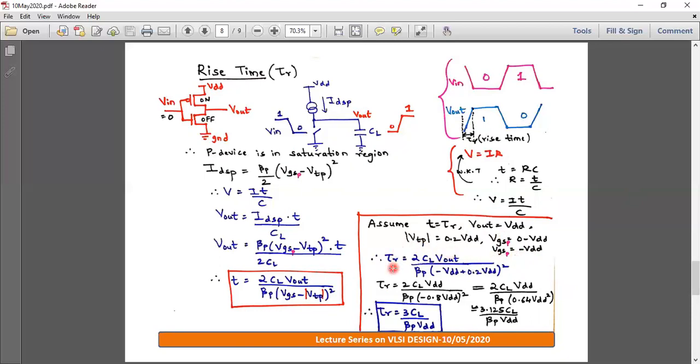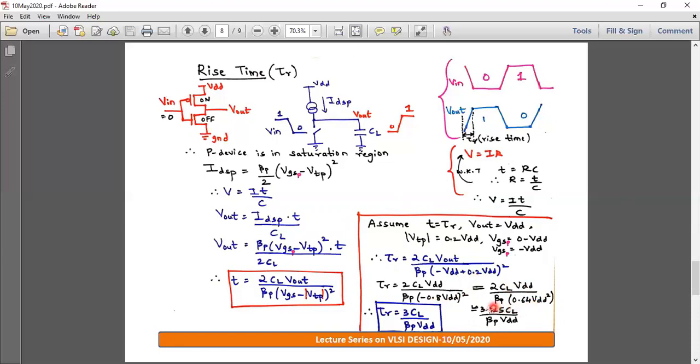So 2CL V out over beta P, where VGSP is minus VDD and VTP is negative. So minus of minus will be plus 0.2 VDD, square. Once you simplify this bracket term, we'll get minus 0.8 VDD square, which is nothing but 0.64 VDD square.